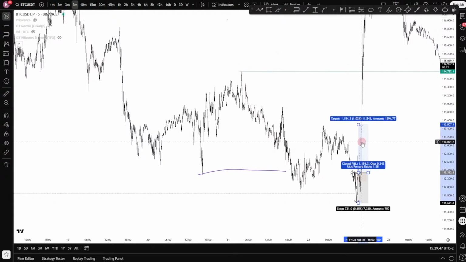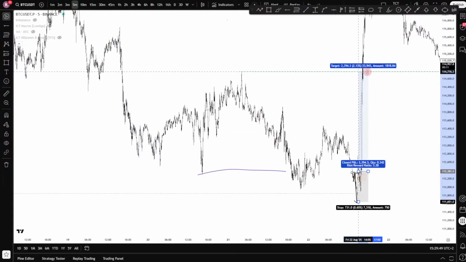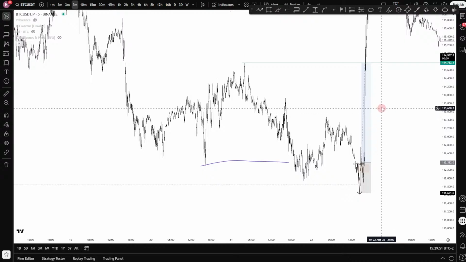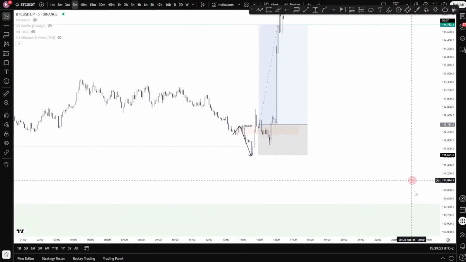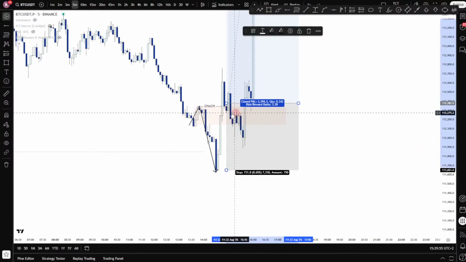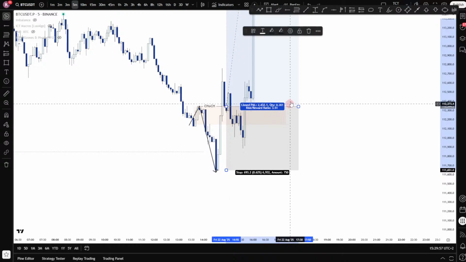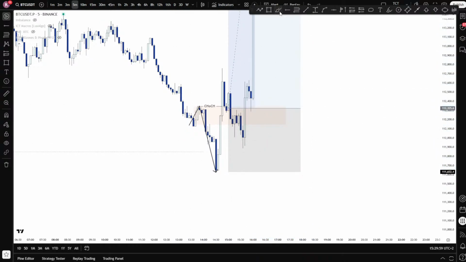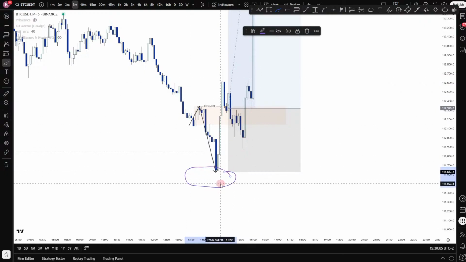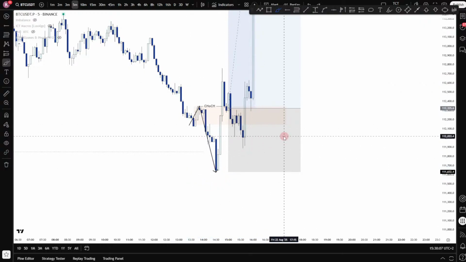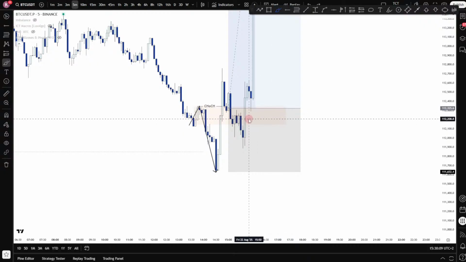If your RR was good enough, then it was definitely a trade. Yeah, it was 3.2, so this could have been your trade. I mean, you could enter anywhere between this low and this high, as long as your invalidation is here. If your risk to reward is great towards your technical target, then you can enter aggressive.